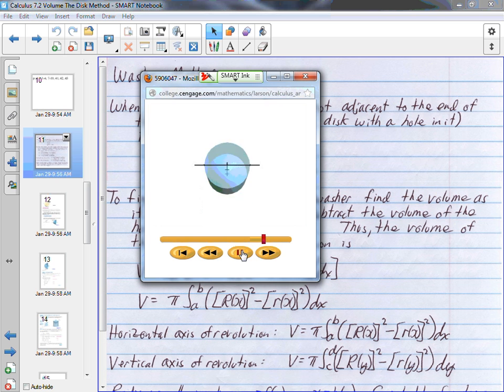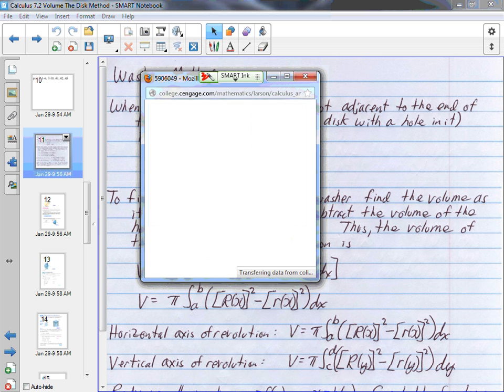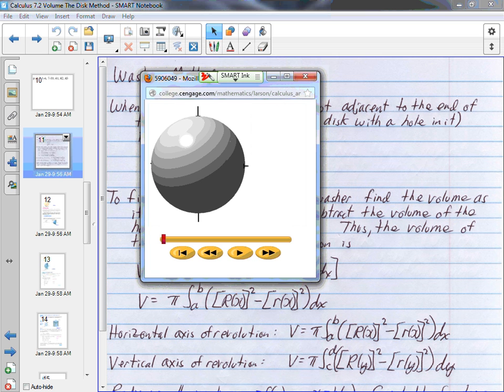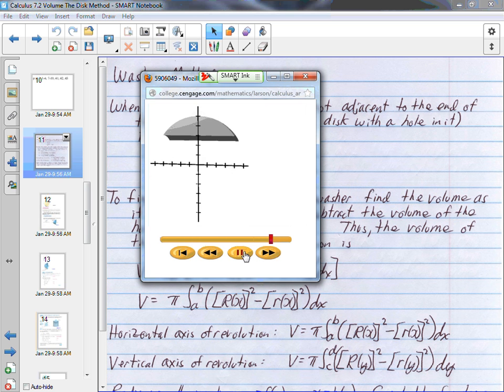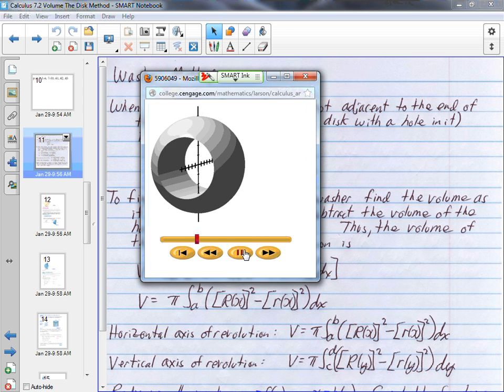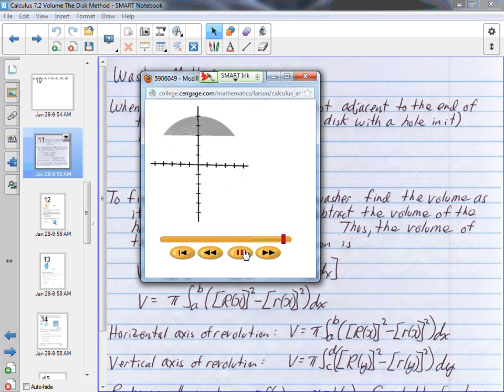Oh, we went the other way. Yeah, that's going to be a challenge, isn't it? Oh my goodness, they're going backwards. Cool, huh?